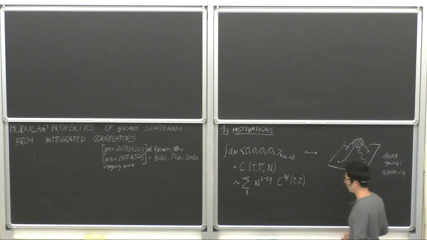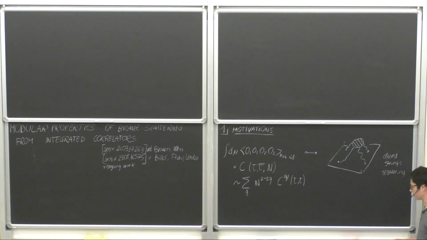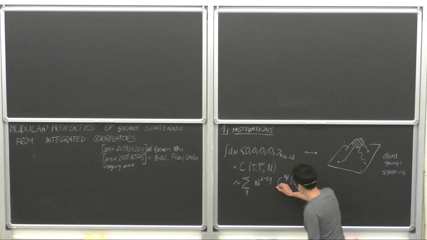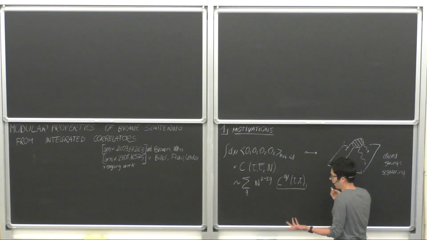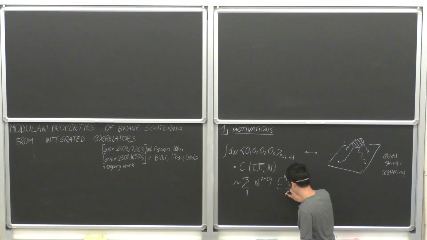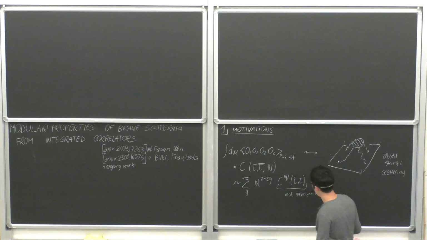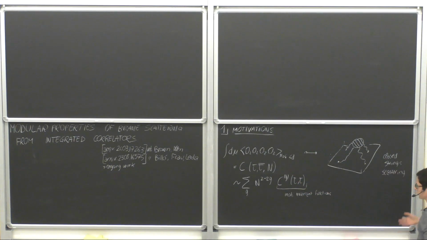So it admits this closed string genus expansion, where in general these coefficients can be expressed in terms of modular invariant functions. So this is more or less the picture for this class of integrated correlators.